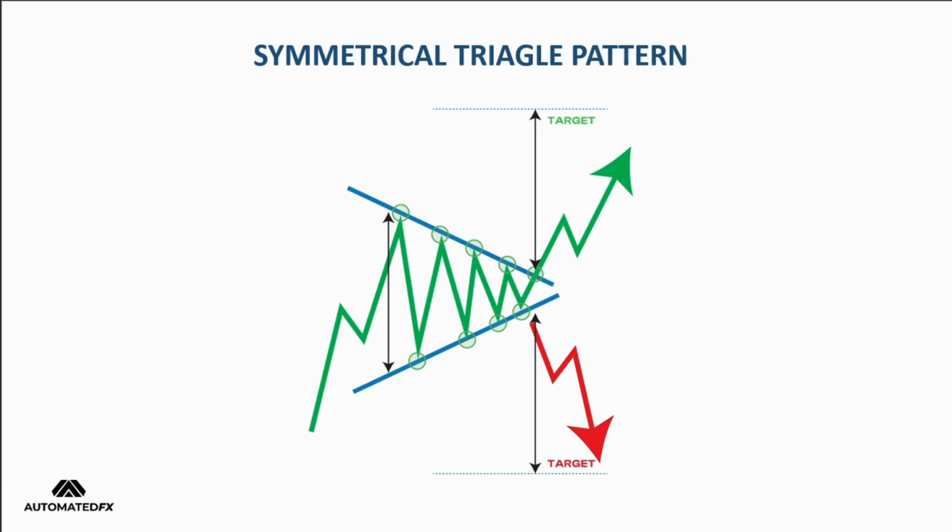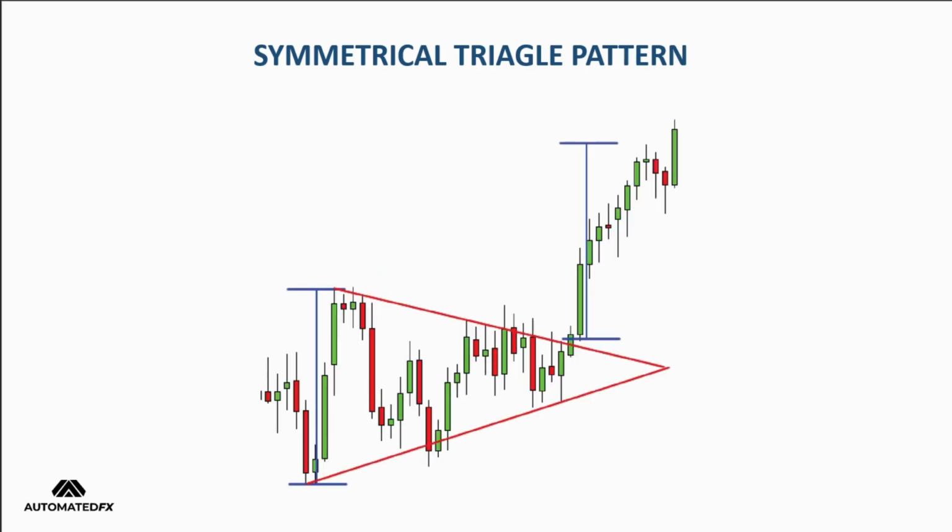This pattern shows a period of market consolidation where neither buyers nor sellers are in full control. As the range narrows, pressure builds until price eventually breaks out. The direction of the breakout determines the next trend. Traders usually wait for confirmation before entering a trade.